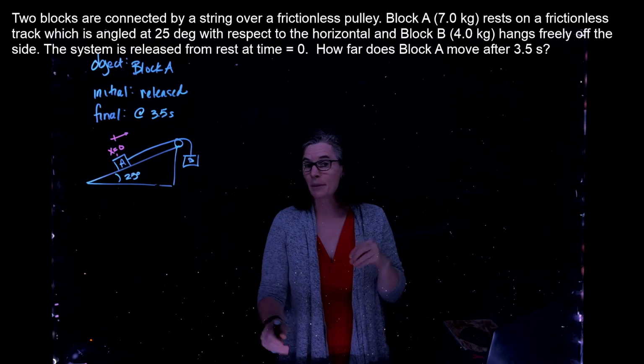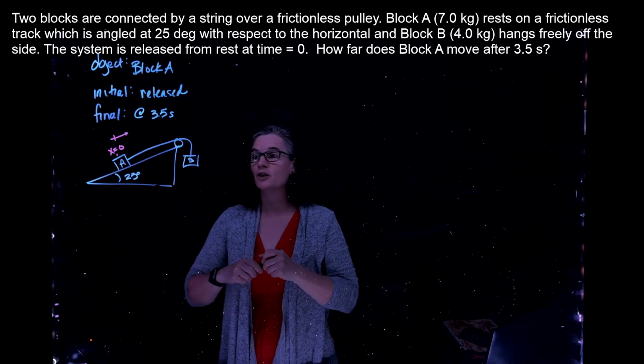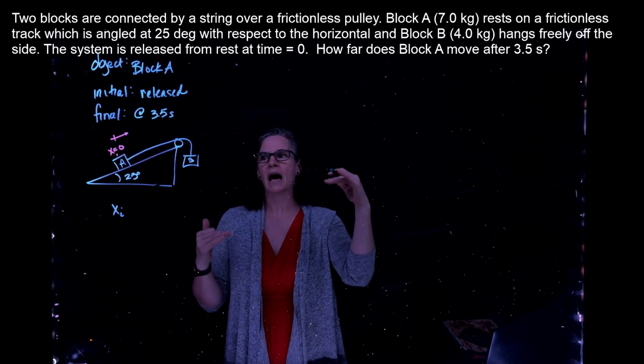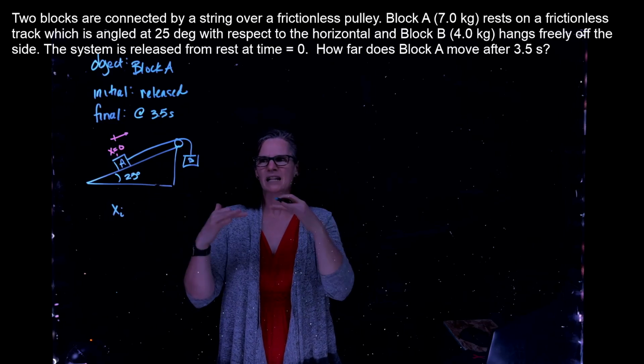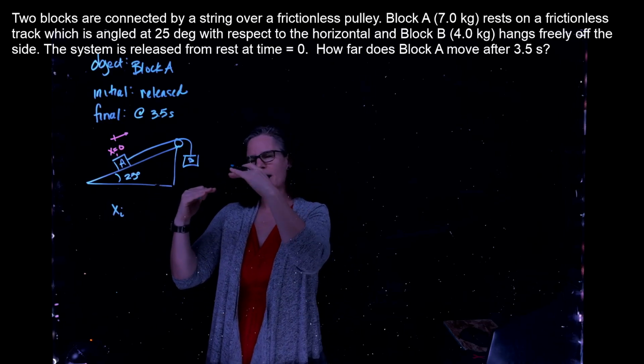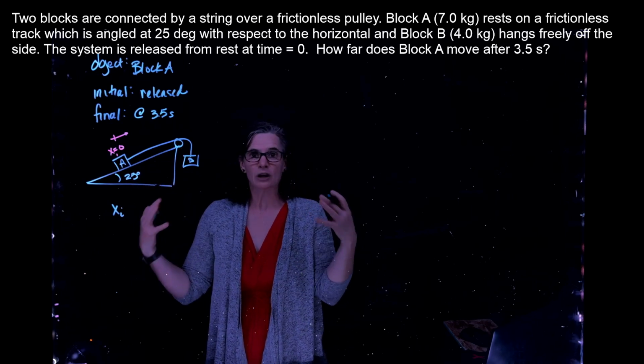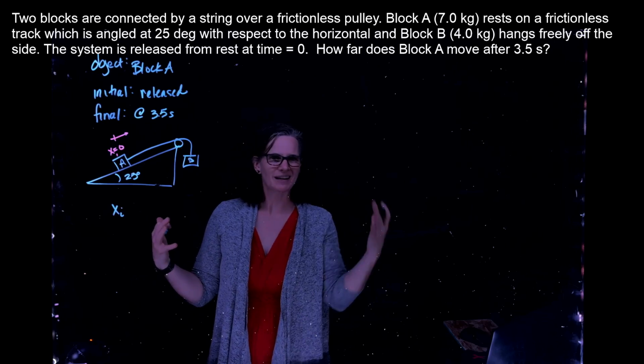Right, next step in our kinematic process is to list our known variables. So I'm only dealing with the motion of block A, that's what I care about. And so I'm going to think about, is this in 1 dimension or 2 dimensions? If it's in 2 dimensions, for our purposes, that's always been kind of projectile motion.